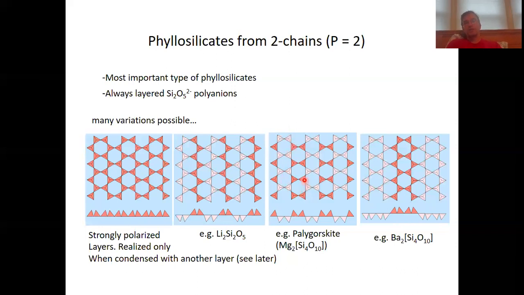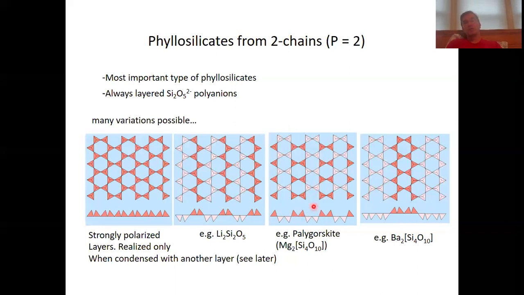So here you have the third one, and here you have the fourth one, and so forth. Okay, so now again you have 50% of the tetrahedra pointing up and 50% of the tetrahedra pointing down.